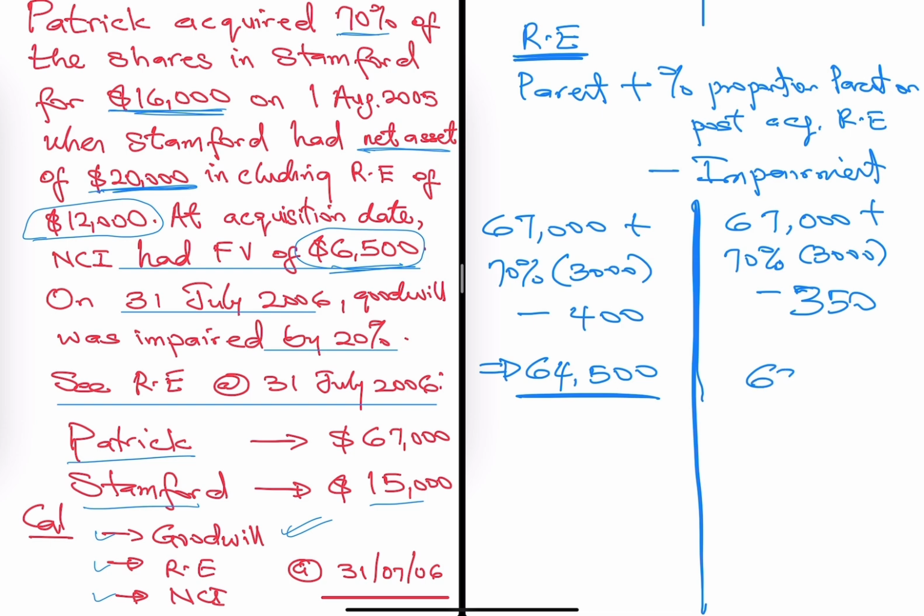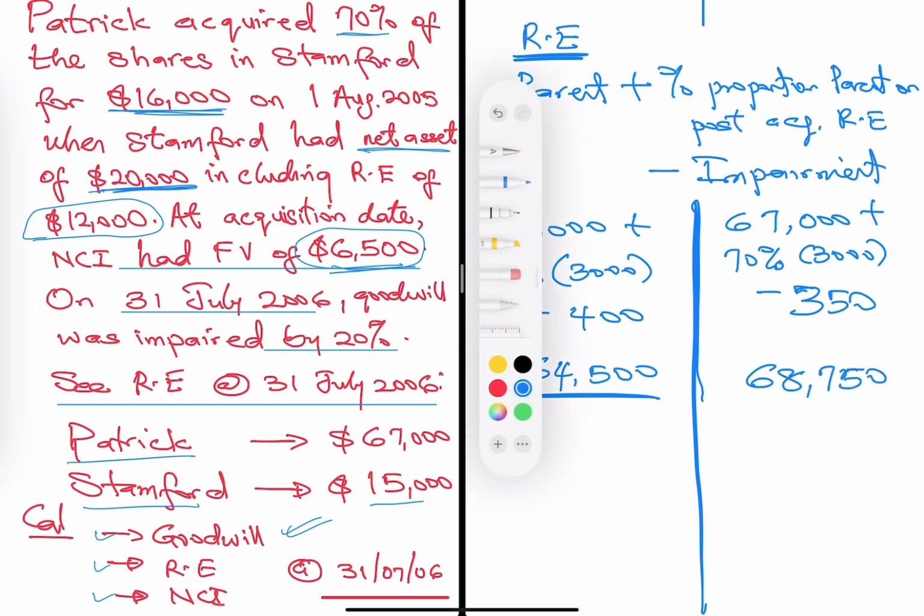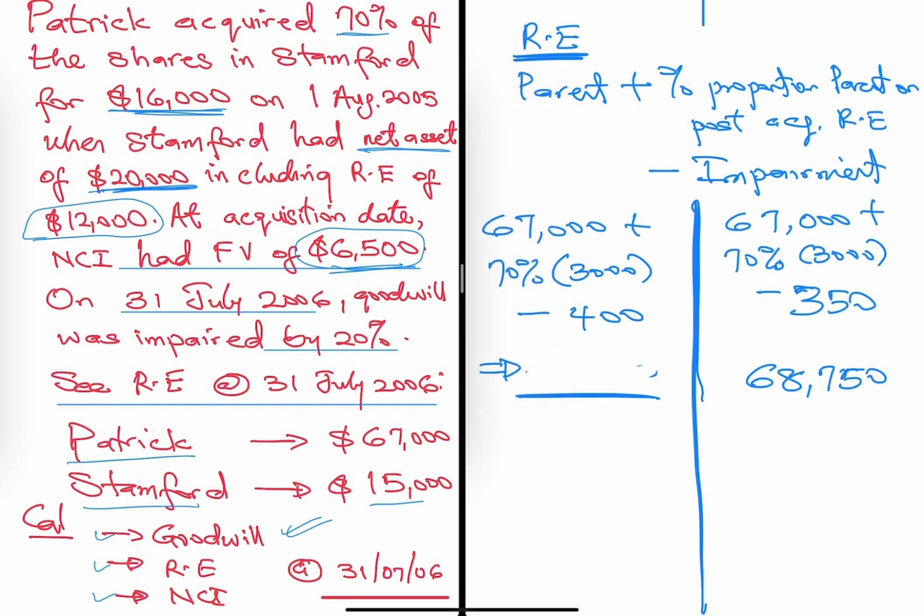Sorry, that's a mistake earlier, it should be 67,000 plus. That's 68,750. I need to check this one. Apologies. So that would be 67,000 plus 2,100, then minus 400, 68,700. Right. So that's the closing retained earnings.